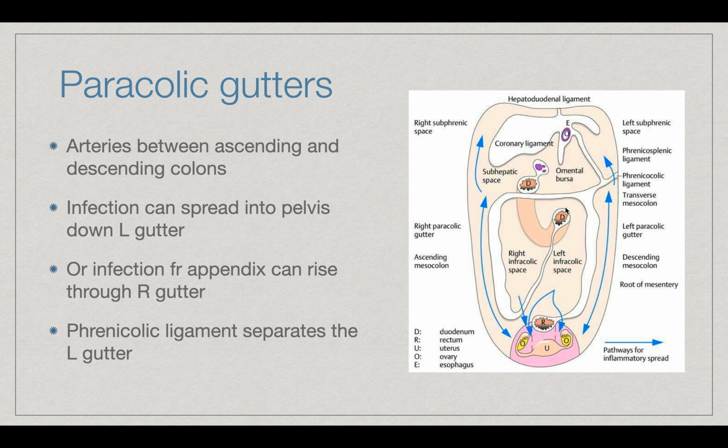And these go down ways, but the paracolic gutters can convey the infection both up, towards the head, and down towards the uterus and the ovaries and the penis and prostate.